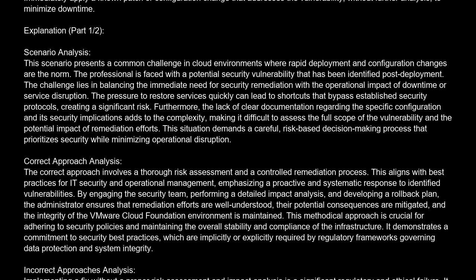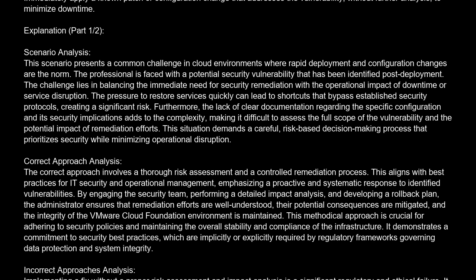Correct approach analysis. The correct approach involves a thorough risk assessment and a controlled remediation process. This aligns with best practices for IT security and operational management, emphasizing a proactive and systematic response to identified vulnerabilities. By engaging the security team, performing a detailed impact analysis, and developing a rollback plan, the administrator ensures that remediation efforts are well understood, their potential consequences are mitigated, and the integrity of the VMware Cloud Foundation environment is maintained.